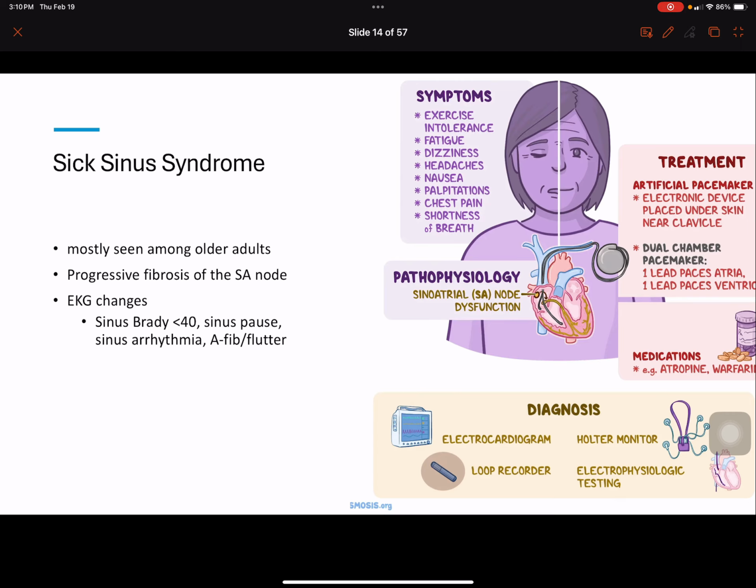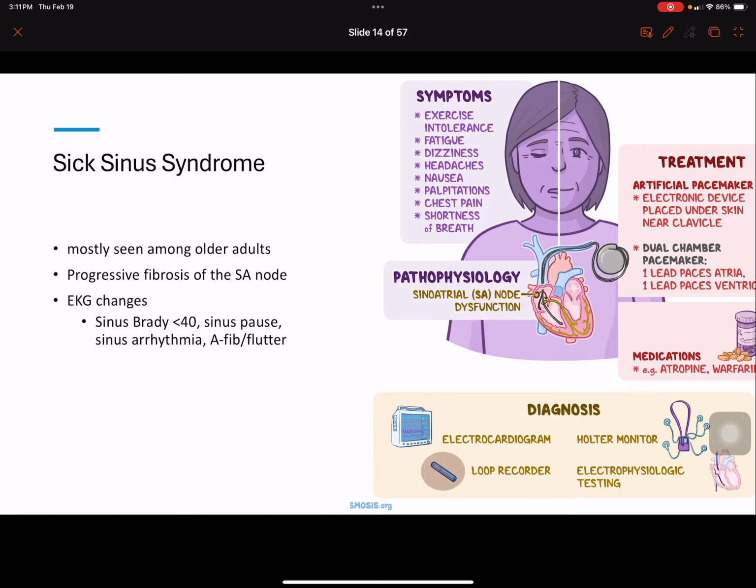And usually you see sinus bradycardia because we're seeing regular sinus pauses, and patients can go into AFib or A-flutter, and it could be significant enough that they may need a pacemaker placed under the skin. They also may need to take medications to prevent blood clots, like Coumadin or factor 10 inhibitors, or atropine to lower the parasympathetic dysfunction.